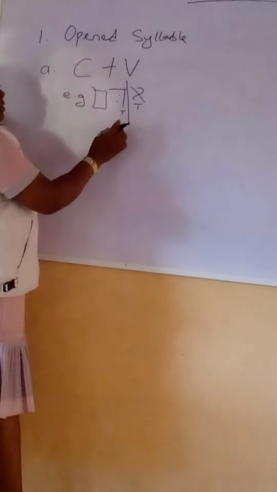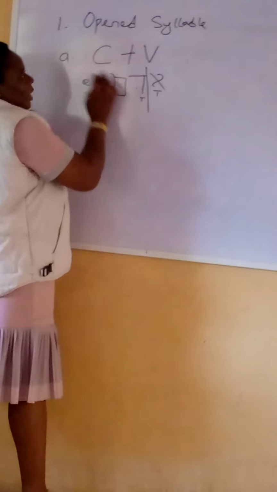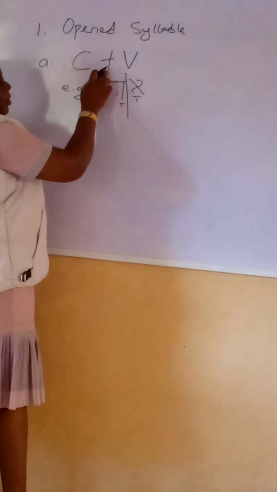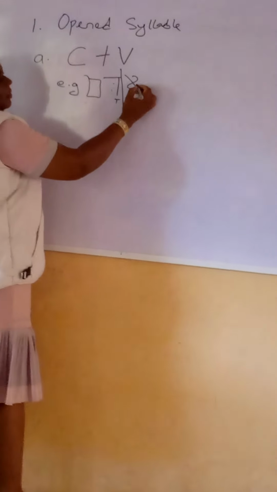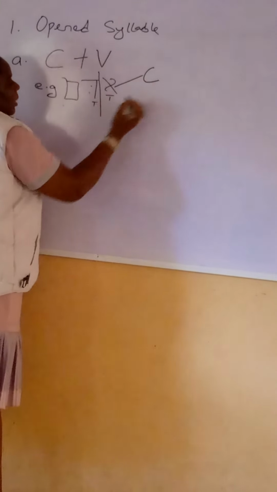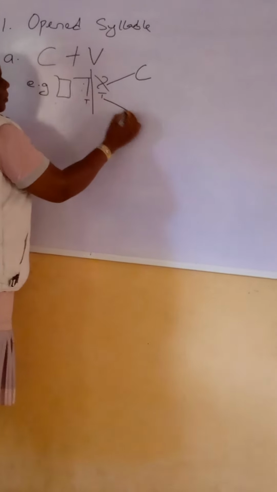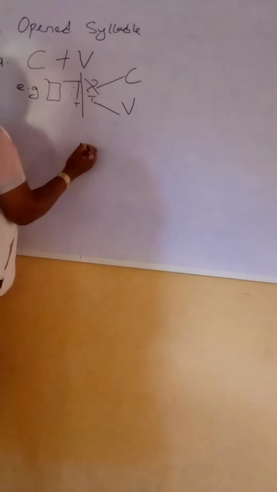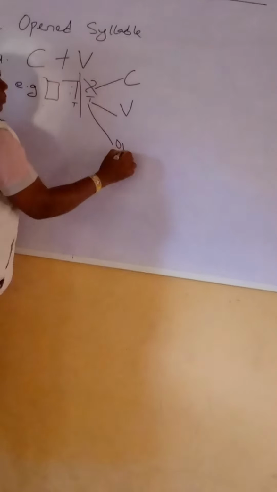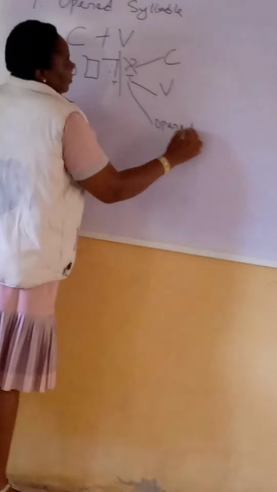So, look up please. I said an open syllable has the pattern of consonant plus vowel. Look at this word: this is the consonant, and this is the vowel. Hence, this syllable is an open syllable.